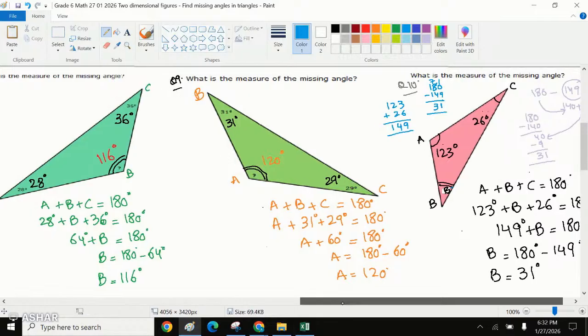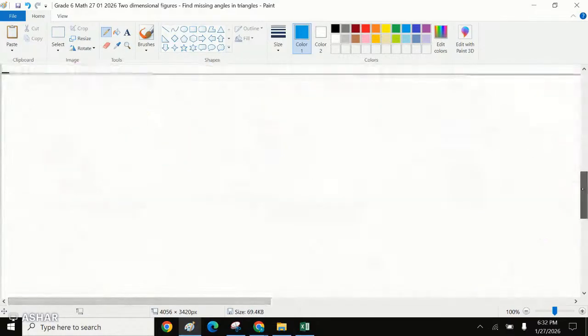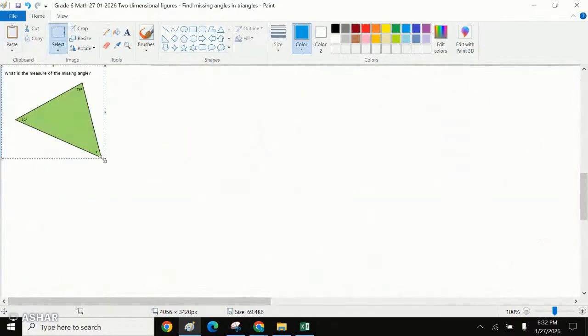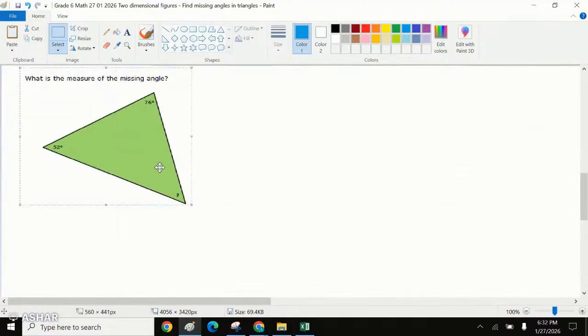Okay, let's try one more question. The next question, question number 11. I'll write down the angles. This is 52. This was 76. And this is the missing angle.